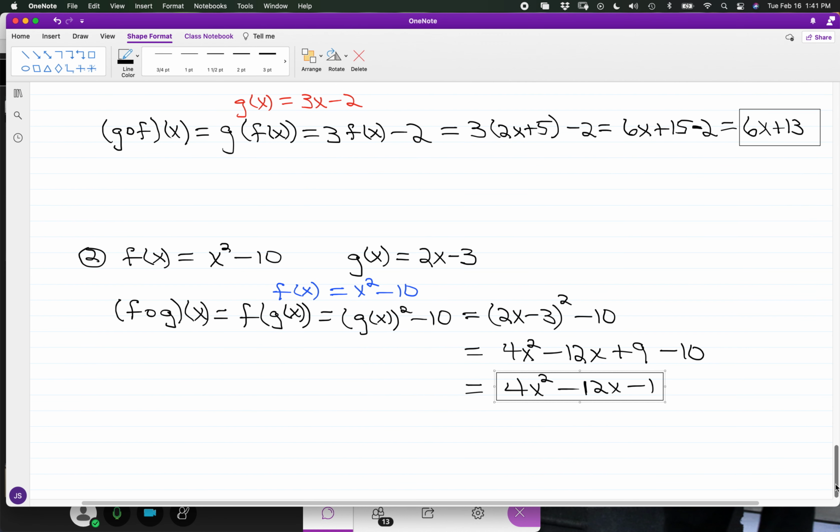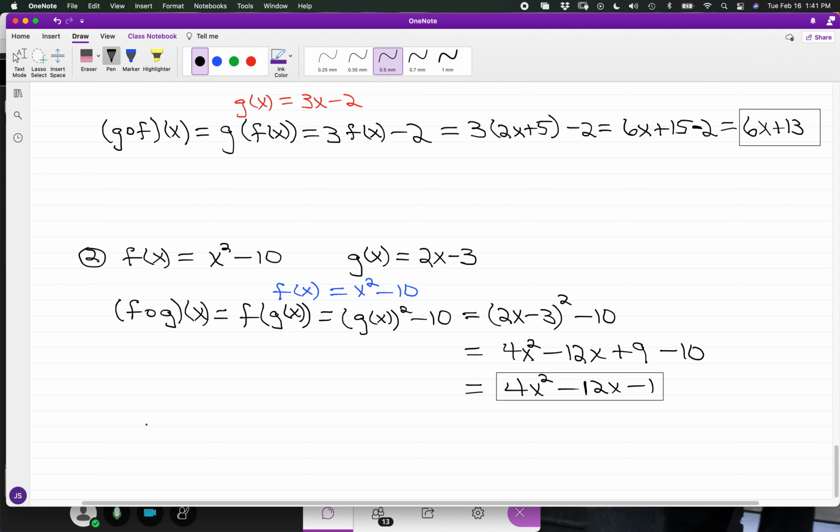And then we have in the reverse order. Okay, we have our composition, whereupon we have g composed with f of x. So we have g of f of x.